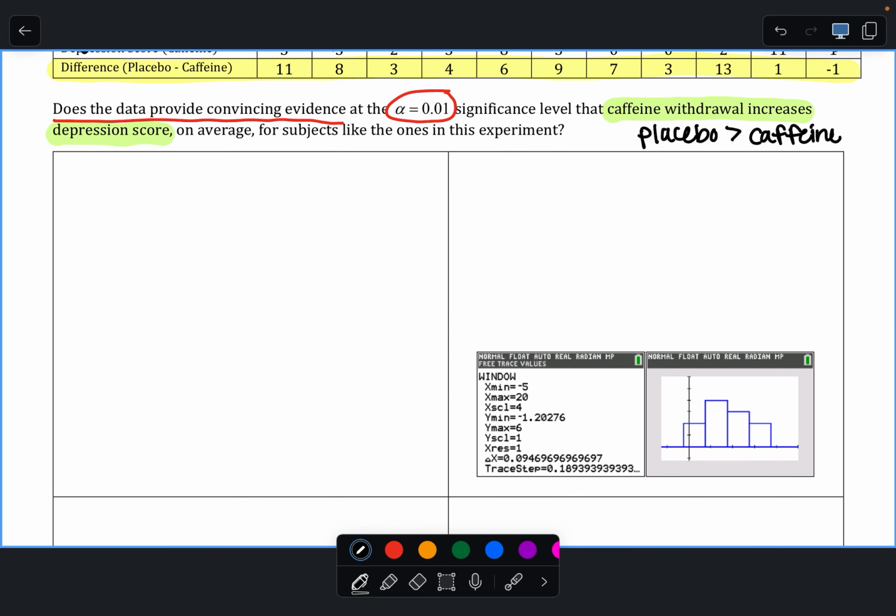Okay, so let's define our parameter. Typically for matched pairs or paired data tests, we use mu of D or mu of diff, whichever one you prefer. You technically could still just use mu, and I don't think they would dock you for it. This is the mean difference in depression scores.